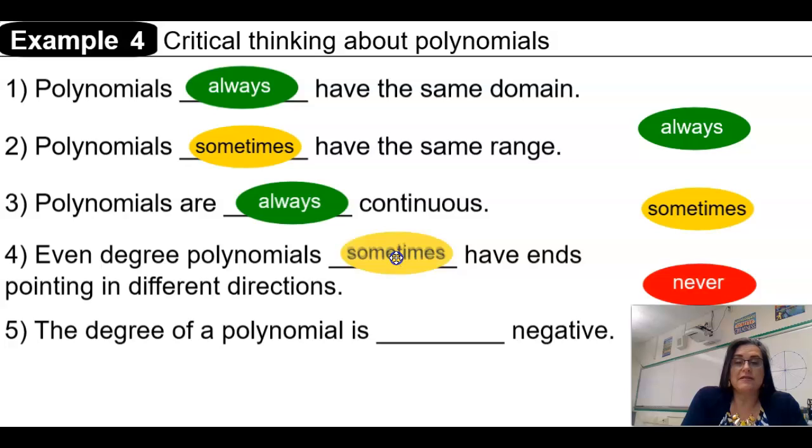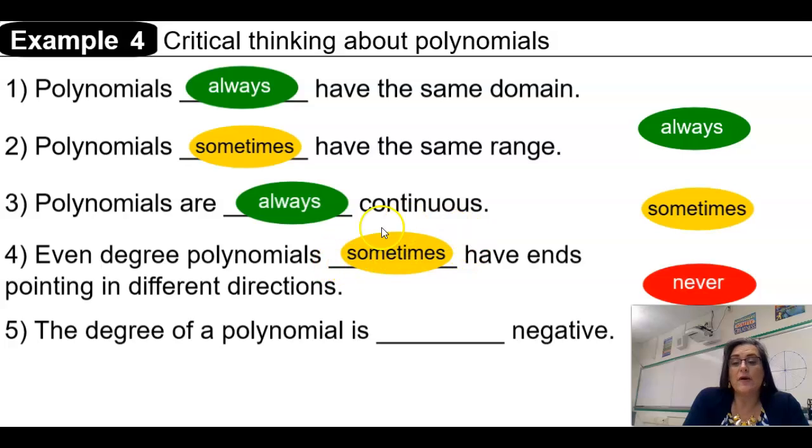Students are tempted to say that this is never the case because our leading coefficient test tells us that when the polynomial is even degree and has a positive leading coefficient, both ends point up. When it's even degree and has a negative leading coefficient, both ends point down. And that is true for polynomials where the degree is even and it's 2 or higher, right?